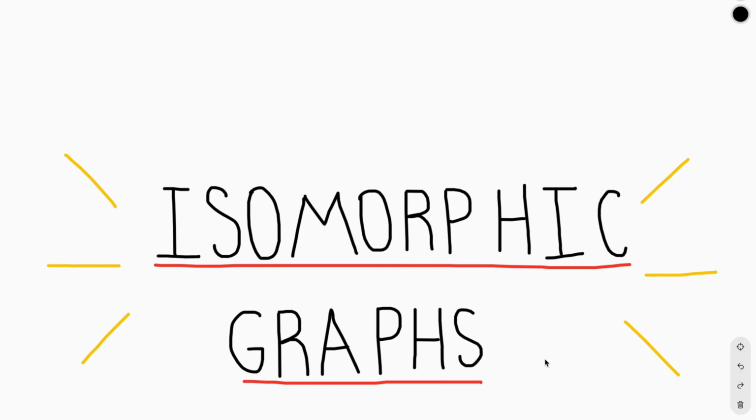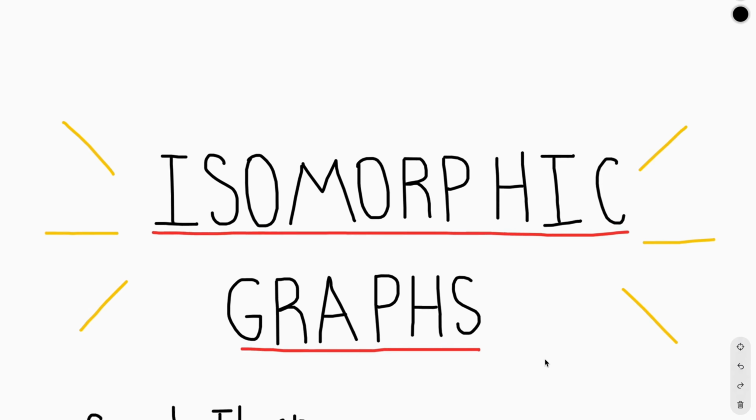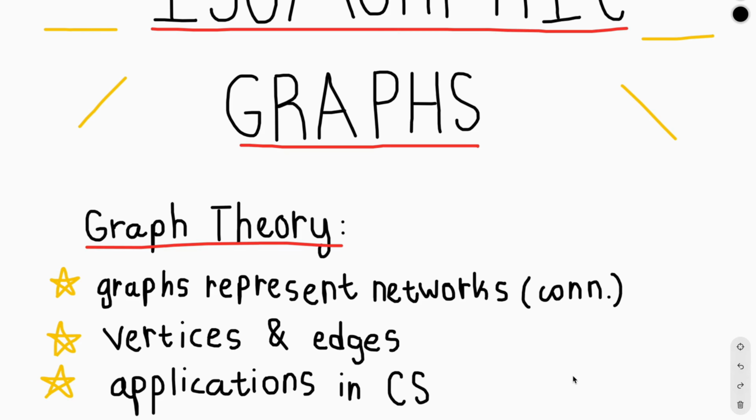But before we dive into that topic, I do want to cover a few larger ideas related to graphs in general, the first being graph theory. Graph theory is the area of mathematics that contains topics like isomorphic graphs, and as the name suggests, it does focus on graphs. The graphs in graph theory represent networks, right?